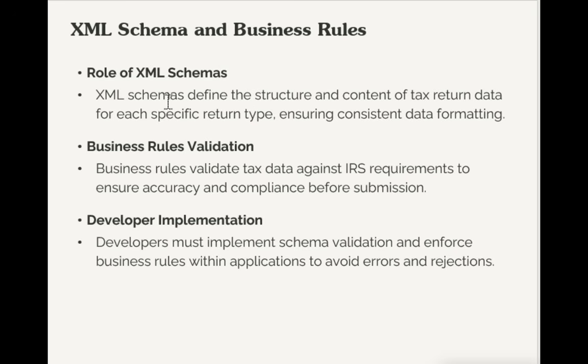The schema exactly defines which data elements are required, what their names and tags are, their data types, numeric, alphanumeric, length, and hierarchy within the tax return. All this information is defined in the schema.